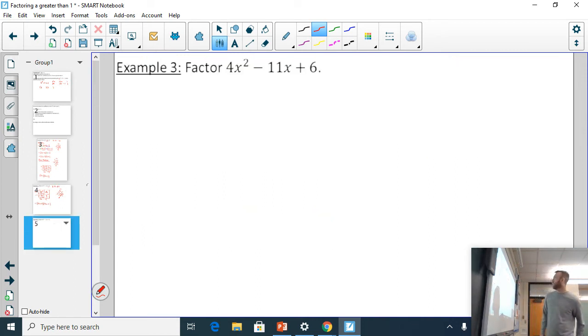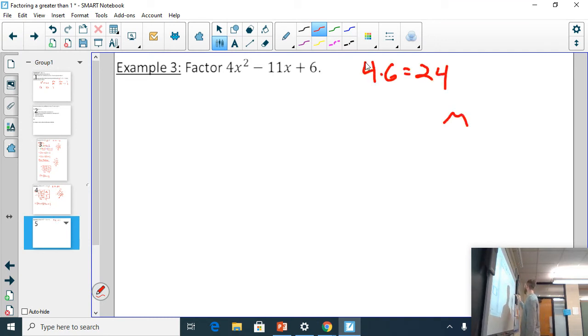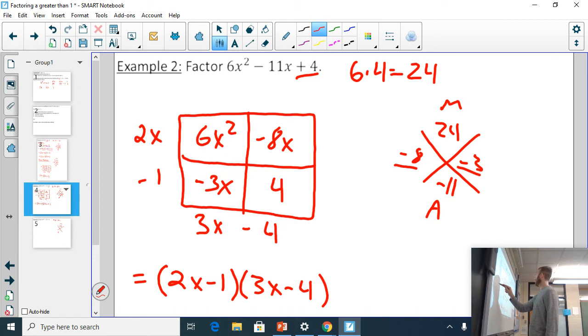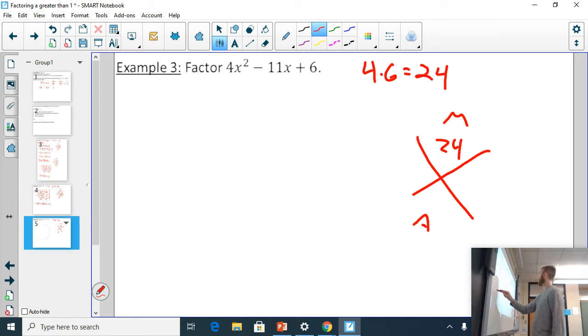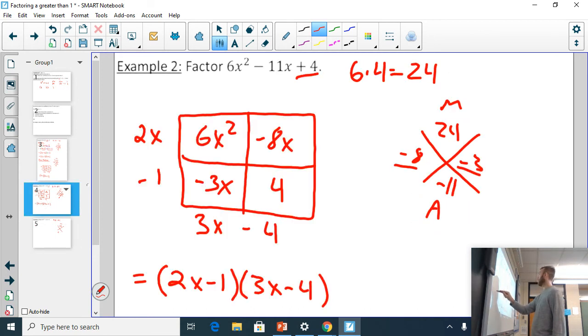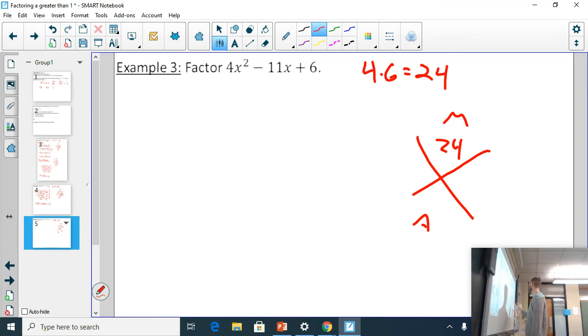And now just one more example. Again, we're going to take this first number times our last number. That's our first step. So 4 times 6, and we get 24. And now we need multiples of 24 that add to negative 11.